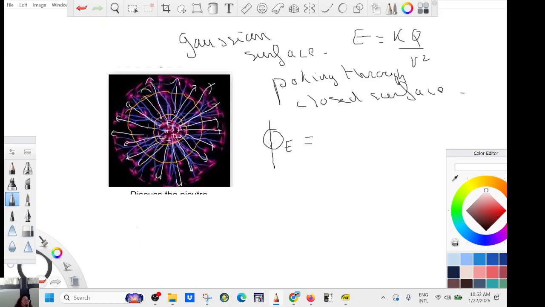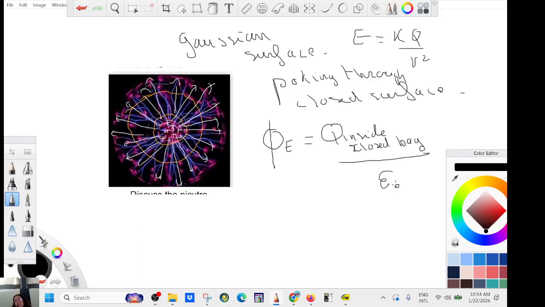So we're going to see Gauss' law says that that flux, the number of electric field lines poking through that bag, depends only on the charge inside the closed surface, over epsilon 0. Okay, that's all there is to it.